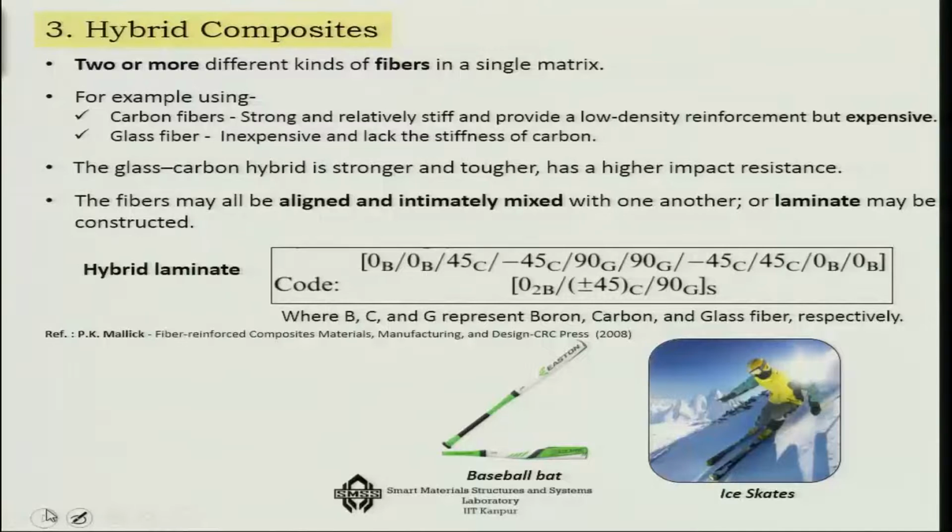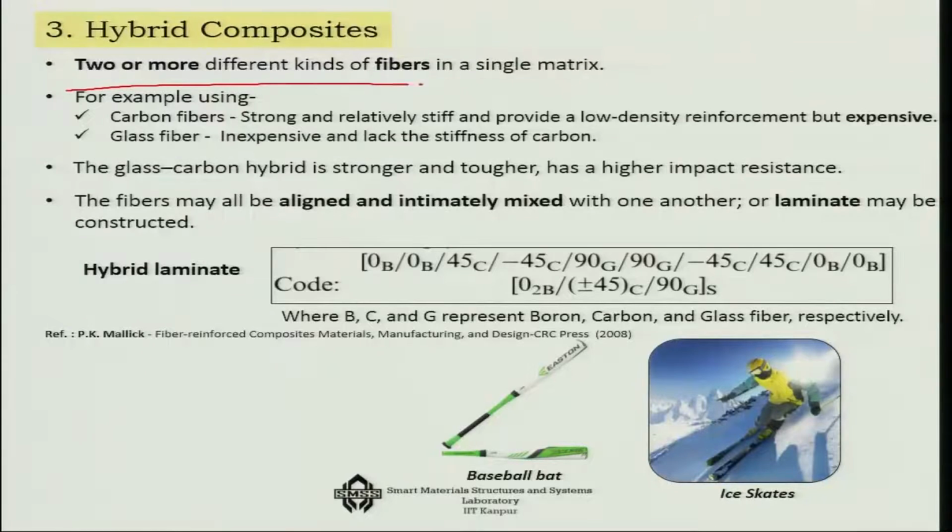Finally, there are hybrid composites, which are very rare. They are mostly at lab scale, but for a very demanding application, you may have to design one. Two or more different kinds of fibers appear in a single matrix. For example, carbon fibers are strong and relatively stiff, and provide low density reinforcement, but they are expensive.